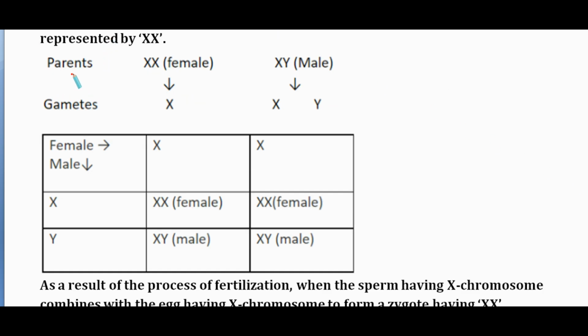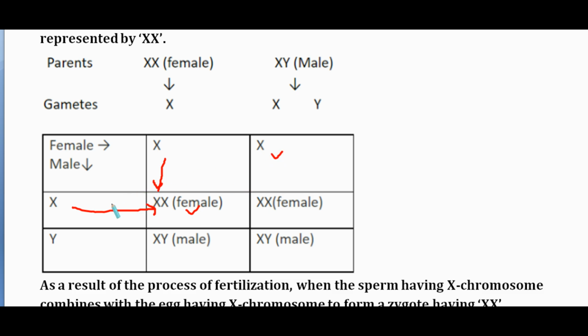Now, see, the parents: in female, the chromosomes are XX, and in male, the chromosomes are XY. Now, they form gametes. Female gametes are X and X, and male gametes are X and Y. Now, they combine: X from female and X from male, then we get XX, and it is a female child.